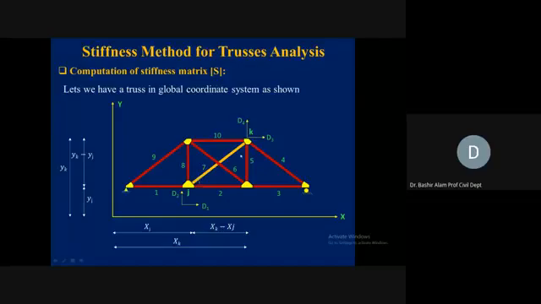For this member 7, its local axis will be along the length of this member, and that will become our XM. M is for the member axis. Perpendicular to that will become our local y-axis, which we will represent by YM. Member axis or local axis. If we take this diagonal, this red one, the local axis will be along the length of its member, and perpendicular to that will become its local y-axis, YM.